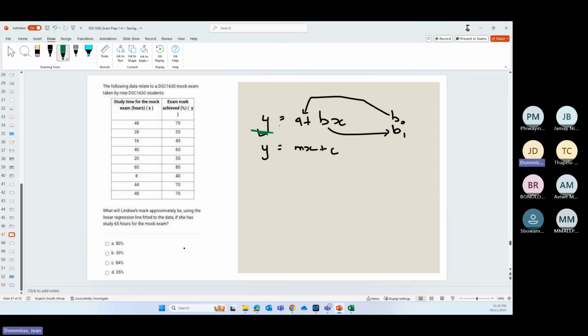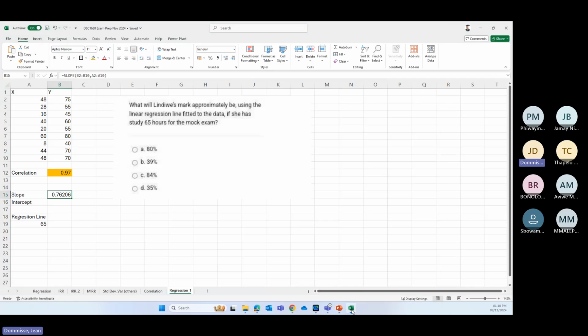We write it as Y is equal to, so Y first, X second. So Excel is using the mathematical way, Y, X. So that, again, makes sense.